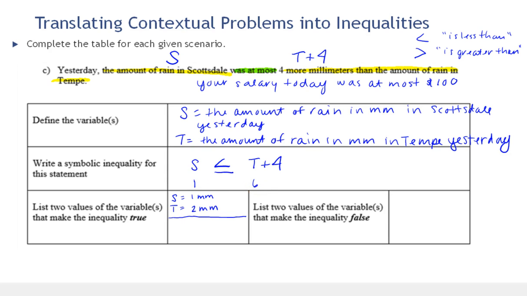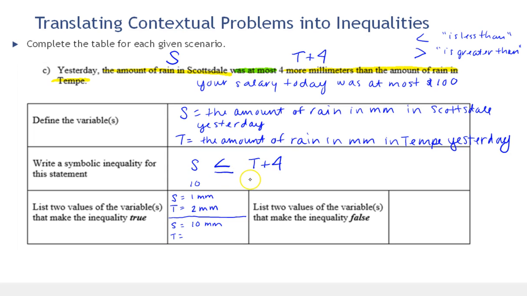So that works. I'm just going to erase those so we can do our next one. So now let's have it rain 10 millimeters, which is a full centimeter, in Scottsdale. So this will be 10. Okay. So now 10 has to be less than or equal to the amount in Tempe plus 4. So I'm going to have it be exactly equal to.